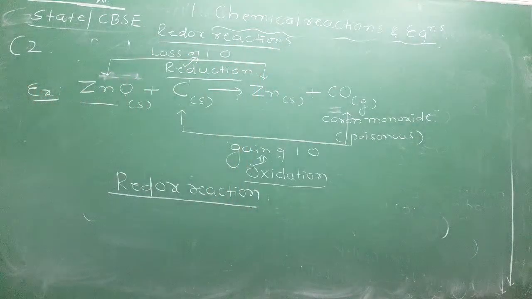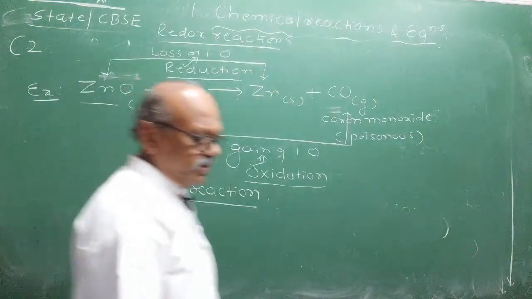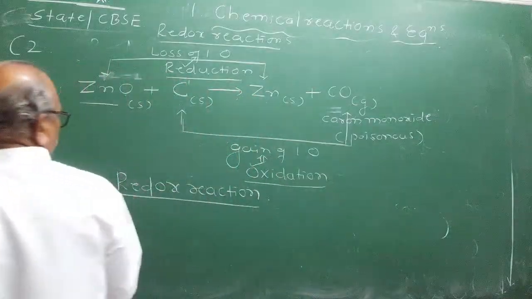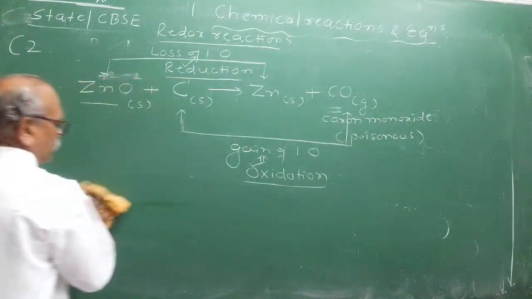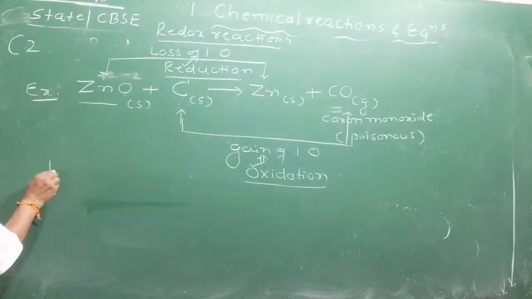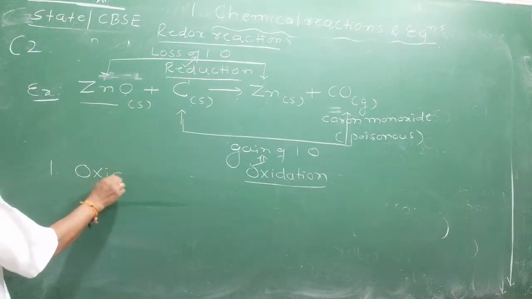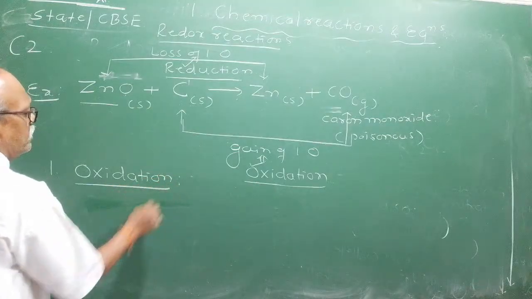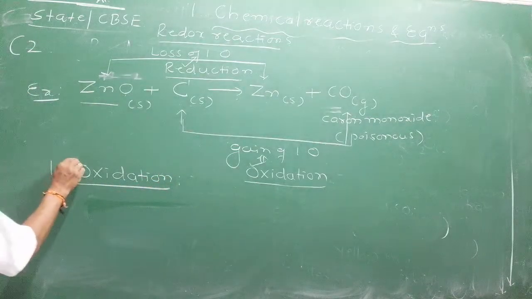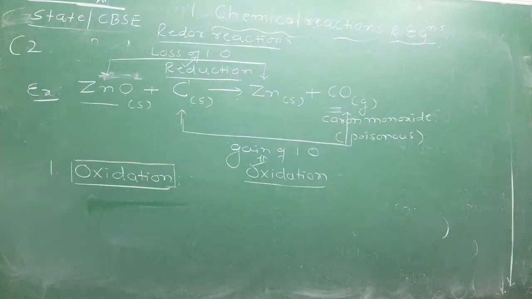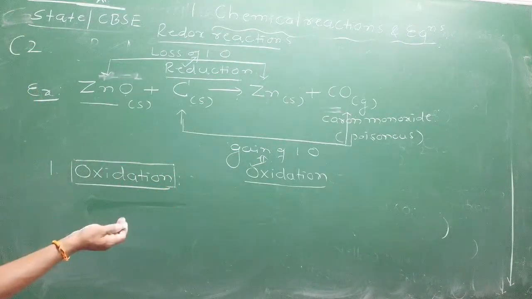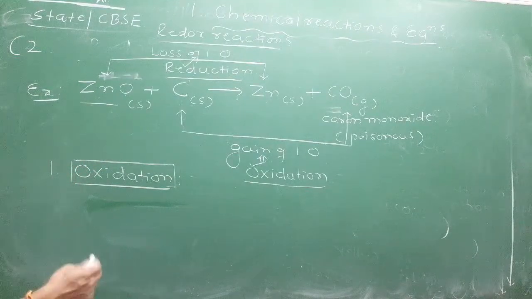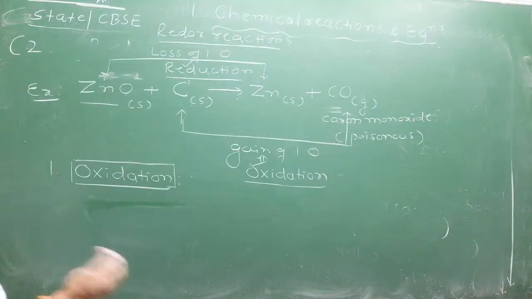One of the definitions. First of all, we will define oxidation. Oxidation reaction, old definition, because earlier oxidation and reduction were defined on the basis of oxygen. Nowadays it is changed to electron transfer after the atomic structure was established.